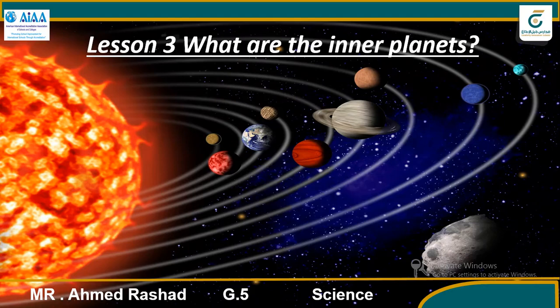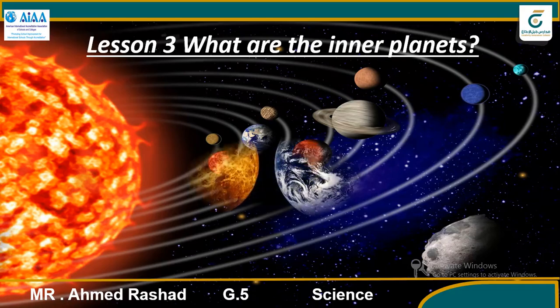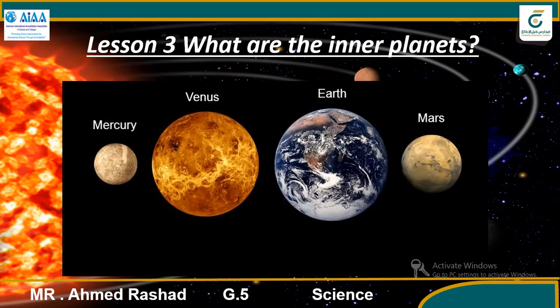So what are the inner planets, and why can we classify them together? They have similar characteristics and different characteristics. We have 4 inner planets in the solar system, beginning with Mercury and Venus, Earth and Mars.